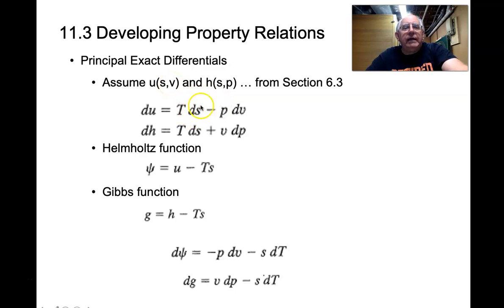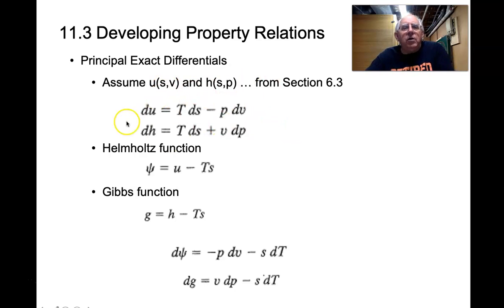And here we have that exact differential for the internal energy as a function of two independent variables, S and v. Likewise, for enthalpy, we can say that enthalpy is a function of entropy and pressure, and the exact differential shows how enthalpy changes with respect to changes in entropy and pressure.